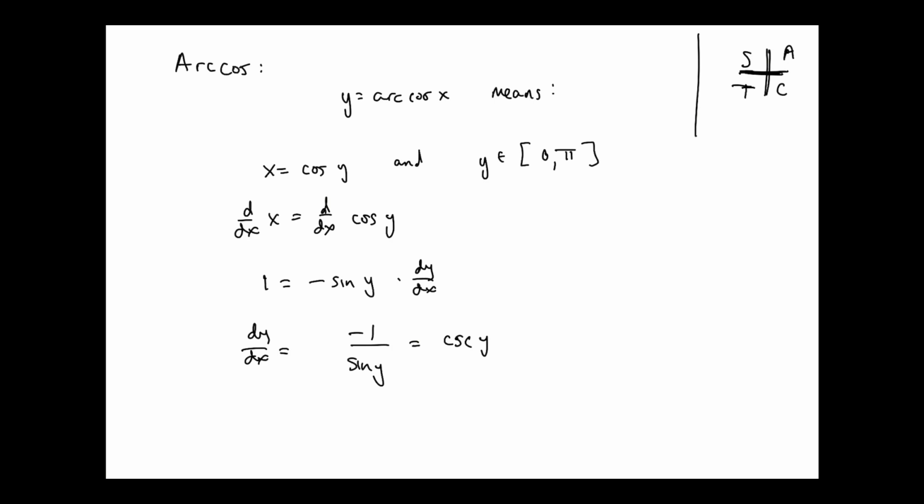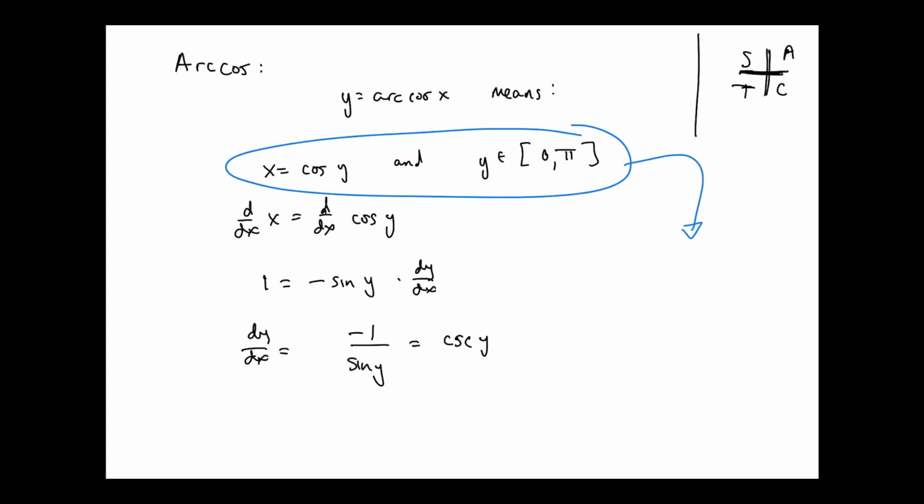But do I know a thing about sine of y or cosecant of y? Nope. So we need to draw our triangle. Okay, so who's the angle this time? Still y, so let me just put him here.